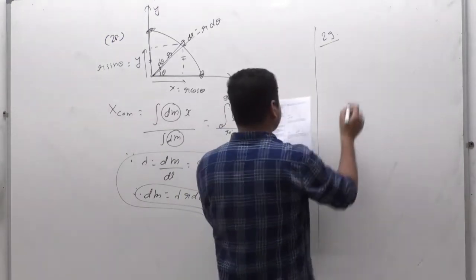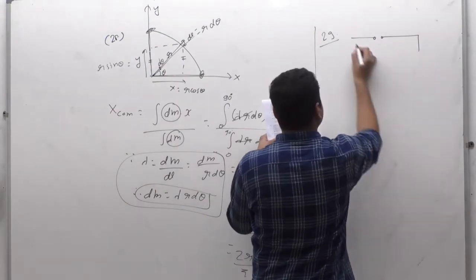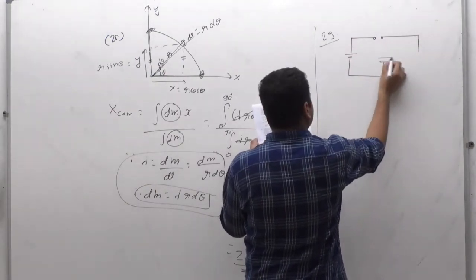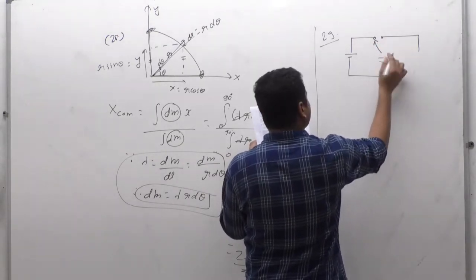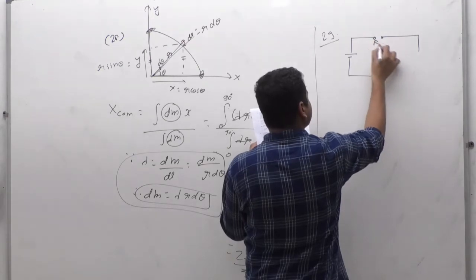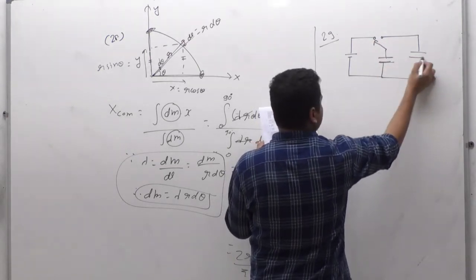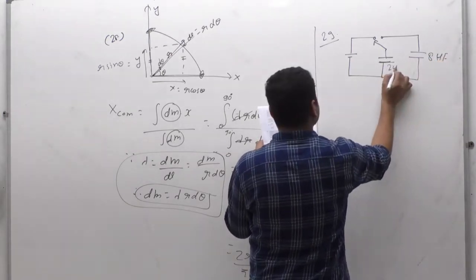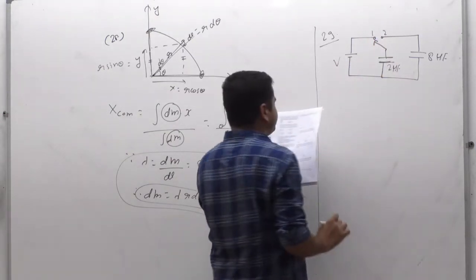According to the diagram, it seems something like that. This is 8 microfarad, this is 2 microfarad, this is 1, this is 2, this is voltage.